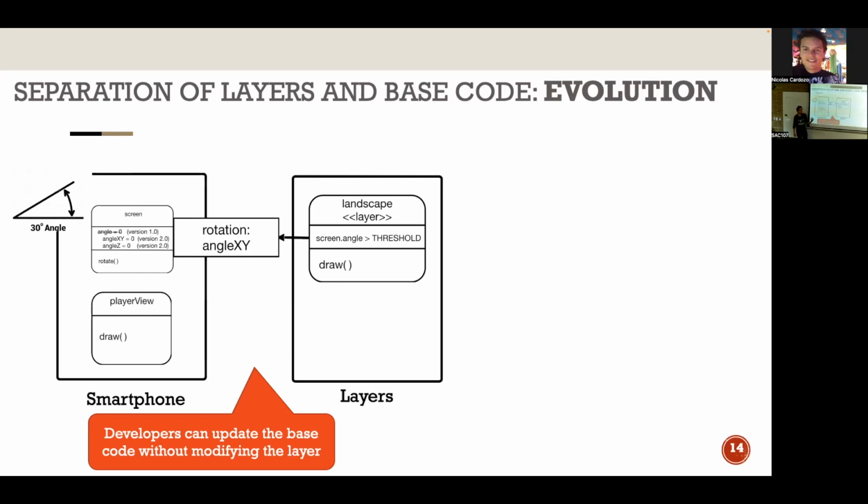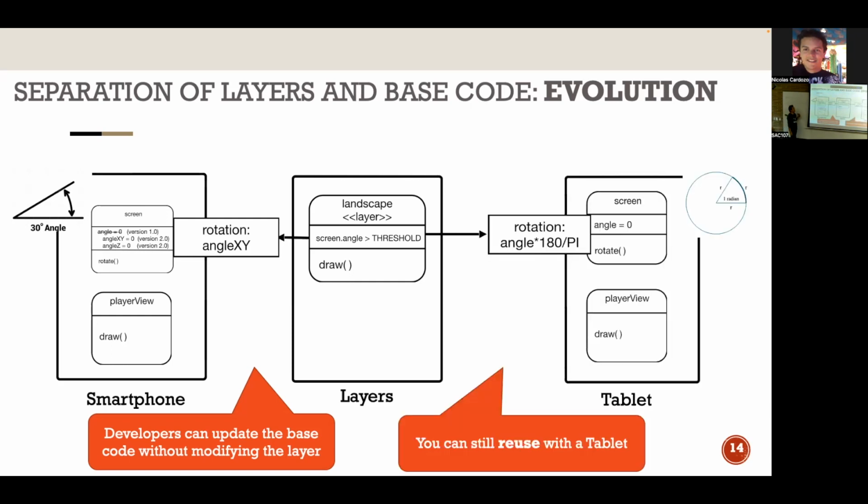The same thing can happen on the other side. So if you want to change the way in which you define when the landscape mode is on, you can do it, and that is not going to have any effect on the base code of the application, right? So again, we made them completely independent, and the same thing will happen when you're reusing these interfaces.